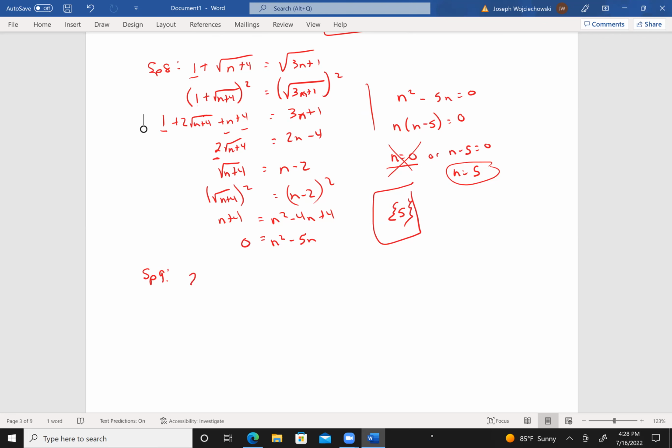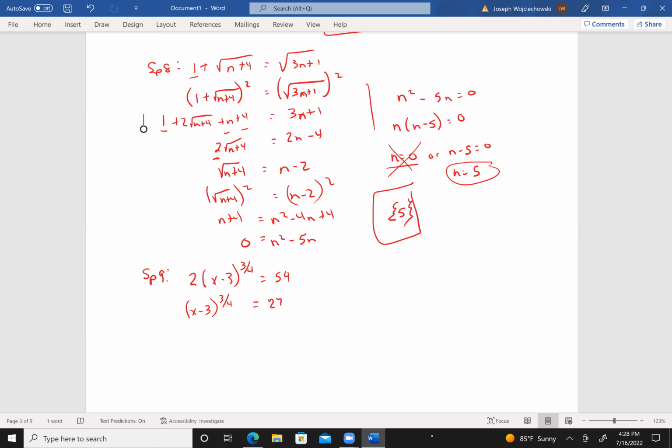First up, I have 2 times x minus 3 to the 3/4 equals 54. Well, the first thing I'm going to do is divide by 2. I have x minus 3 to the 3/4 is equal to 27.